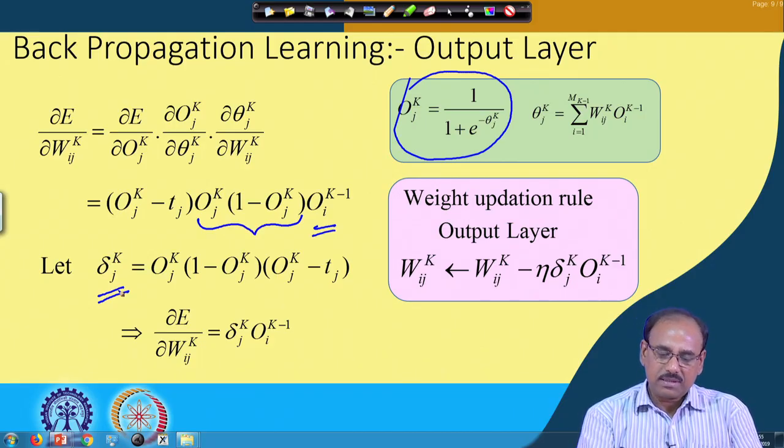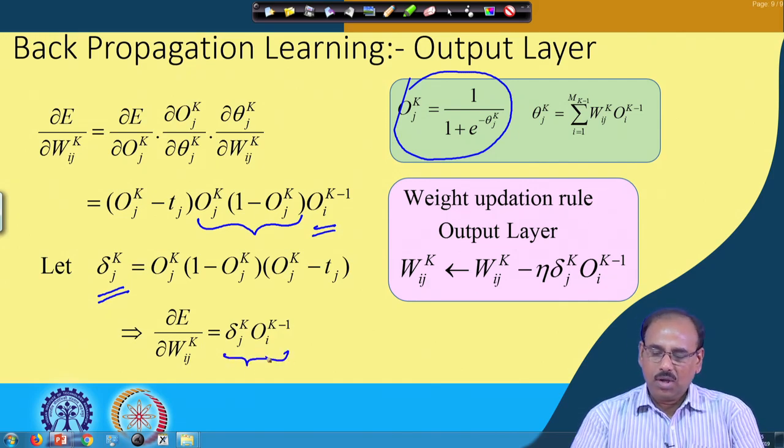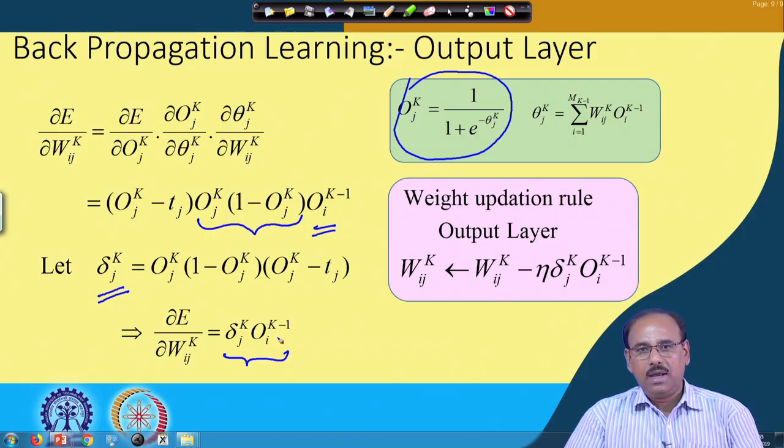So, if I put this, then ∂E/∂Wij simply becomes δjk times Oi(k-1), where Oi(k-1) is the output of the ith node in the (k-1)th layer.